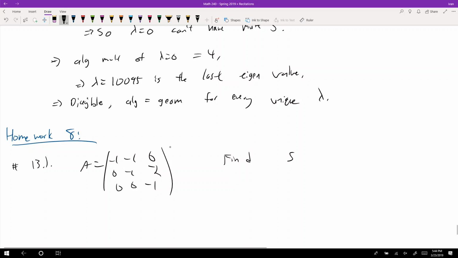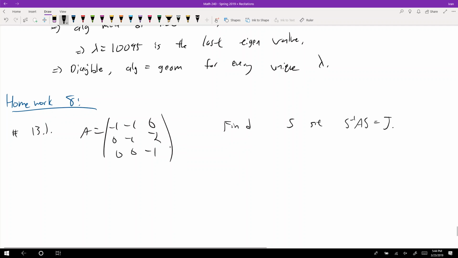Find S such that S inverse AS is equal to J. Since this is a triangular matrix, not diagonal, sorry, we know what all the eigenvalues are. They're just the values on the diagonal: lambda equals -1. So the algebraic multiplicity is 3.